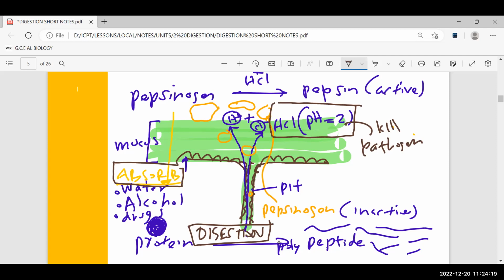Hydrochloric acid can destroy them. So it's a defense. So even if you eat anything without washing hands, that's not a big issue, because even though we use soap and everything to clean our hands, this is a very powerful mechanism. Hydrochloric acid at pH 2 can completely destroy the organisms.